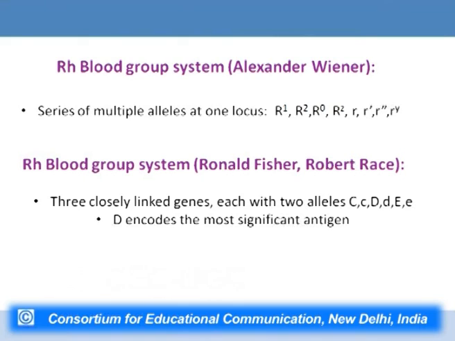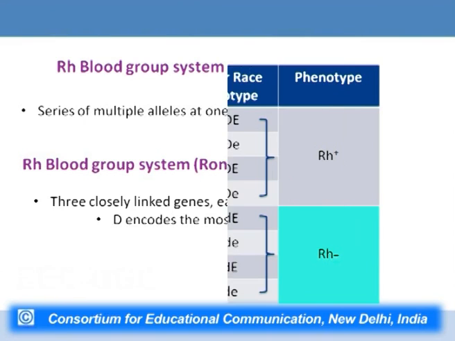However, it was suggested that the capital D allele encodes the most significant antigen, which leads to formation of RH type individual, that is RH positive individual. So, the individuals who are having capital D in their genotype will be coding for RH antigen on their RBCs.